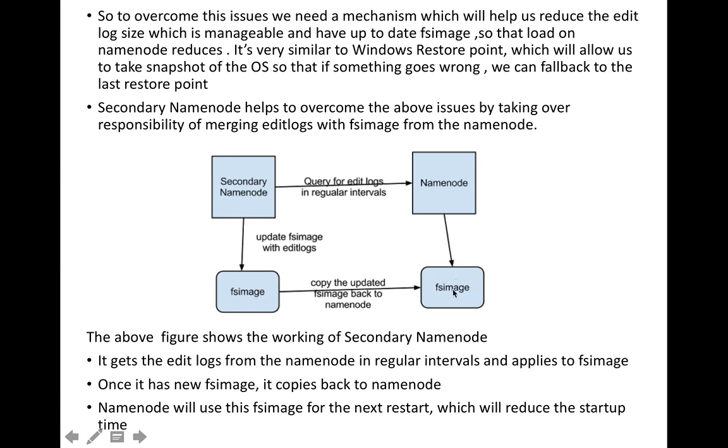So it does not really affect the name node. Everything is done by the secondary name node. Every time, the secondary node will query the edit logs from the name node, get the information, then modify the FS image on my machine. After that, I copy it back to the name node. That's what the secondary node does.